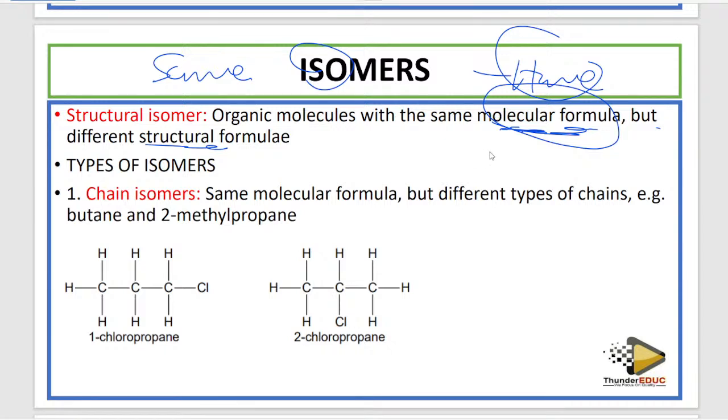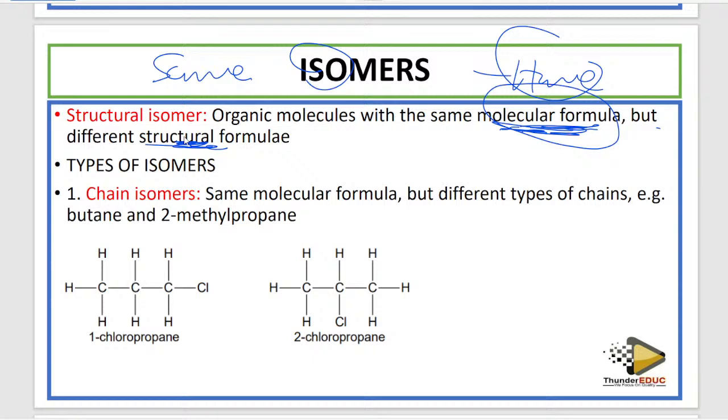If I cut the skin, we will have the same blood coming out. The structure, the way you make up yourself, is different, but what you are made of is the same. Same molecular formula, but what is different is the structure, the way you arrange.